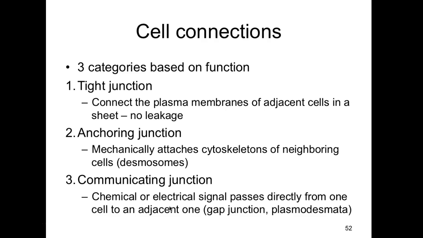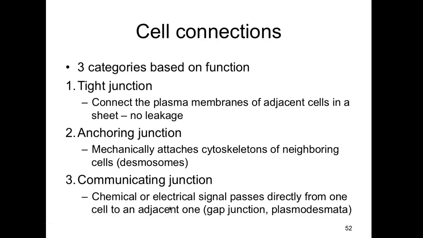Anchoring junctions mechanically attach the cytoskeleton of neighboring cells. Examples of anchoring junctions are desmosomes. And then you also have those communicating junctions, which are going to allow for chemical or electrical signals to pass directly from one cell to an adjacent cell. In the animal cell, we call those communicating junctions gap junctions.